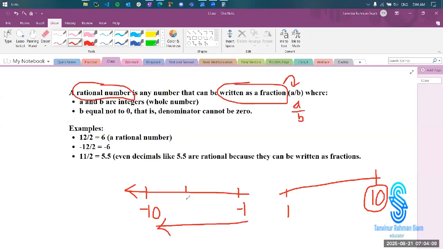If -8 is present and -10 is present, which will be the greater number and which will be the smaller? -10 is the smaller number, and -1 or -8 will be the greater number than -10.